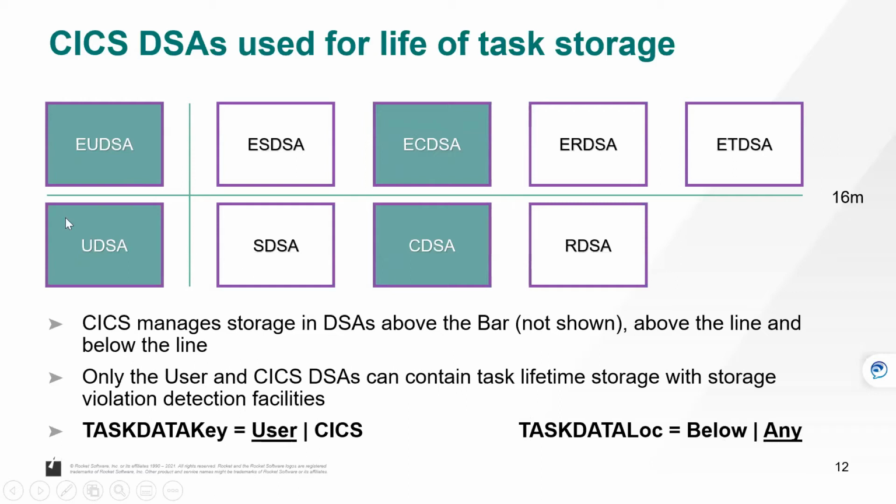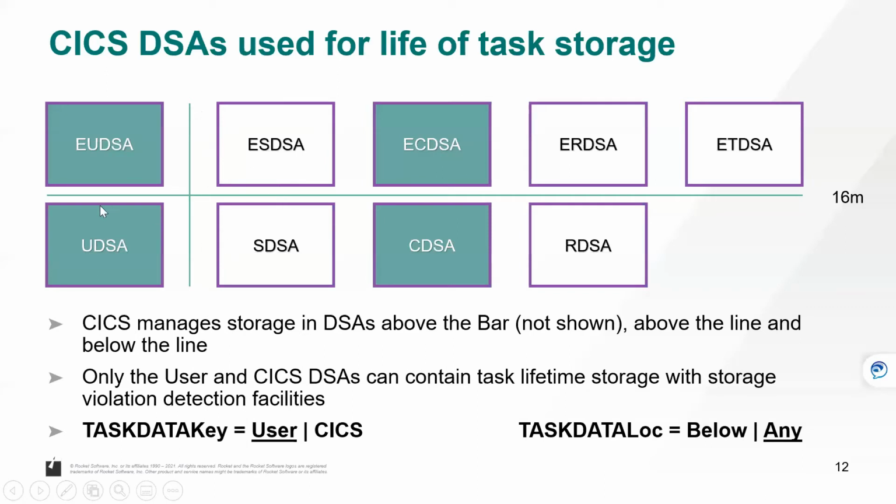Obviously, if it's set to below, you're going to get your task storage out of the user DSA. If it's set to any, so default and default, you're going to get your task storage out of the extended user DSA. If you change this to CICS, it's going to come out of one of these 2. And if you do below, obviously here, and any, it's obviously going to be there. Now you'll notice I drew this picture a little bit funny.